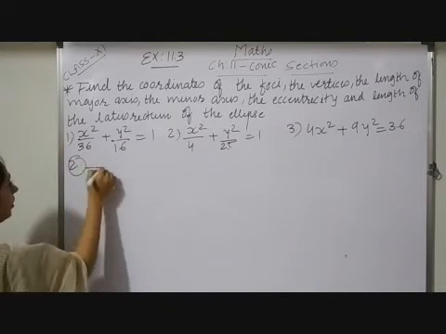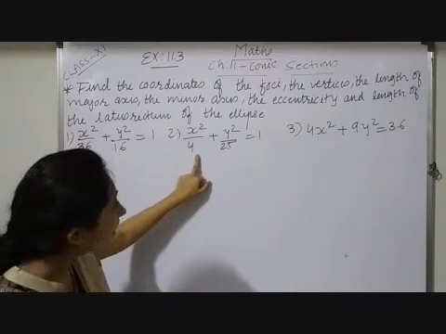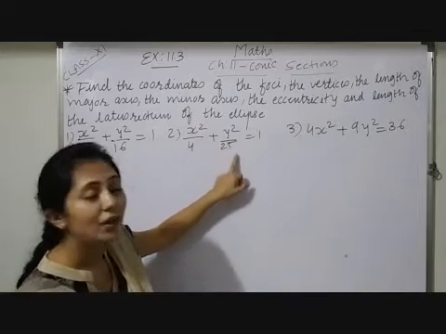Now next solution. Now observe this form. Here the denominator of x square is less than the denominator of y square.